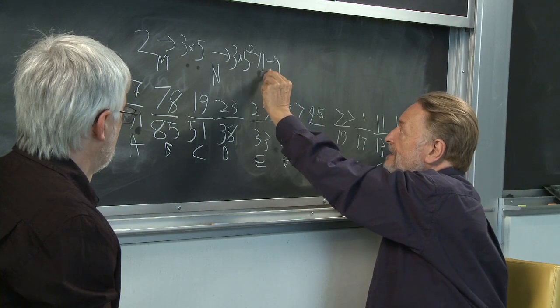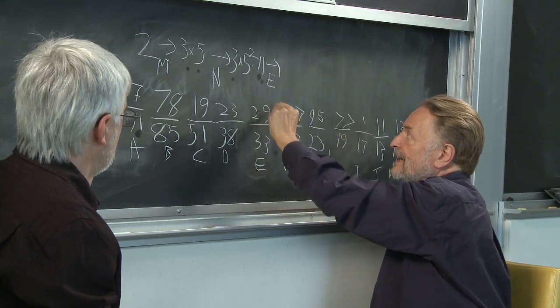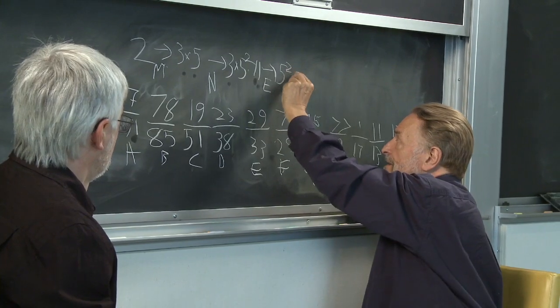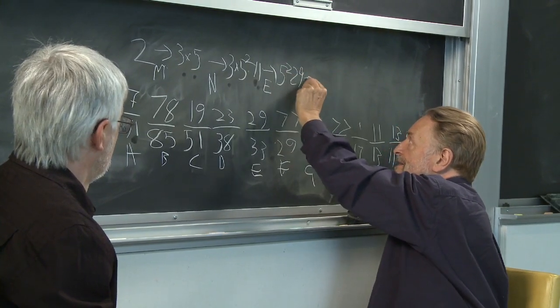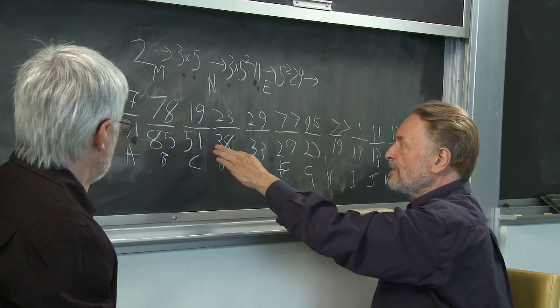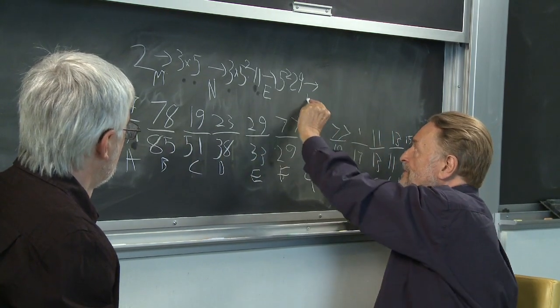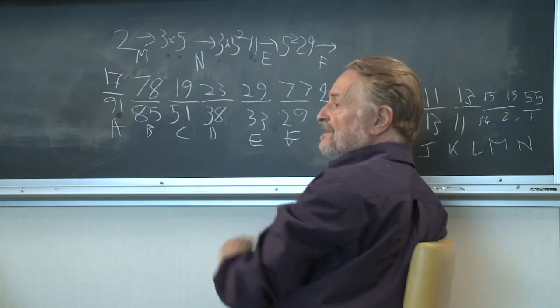So I'll use e, and that'll rub out the 3 and the 11, and replace them by a 29. And then the next one was the first number for which the denominator, f. So we'll use f, and so on.